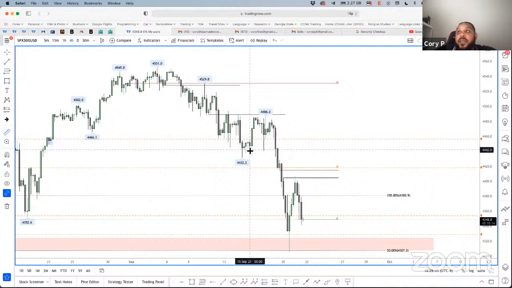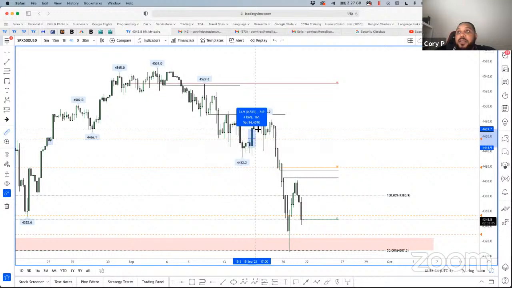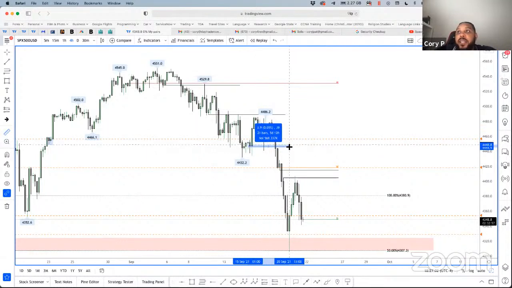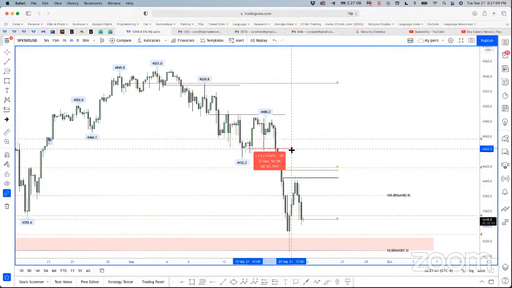So let's say you got in right here. It never hit the stop loss. You would have made at most another 400 pips out of this before it did this and dropped, right?